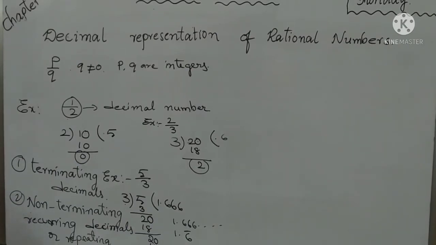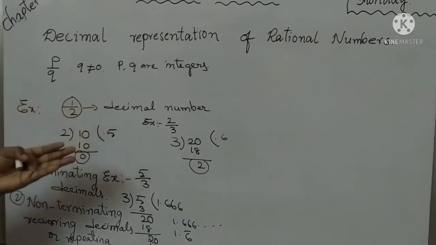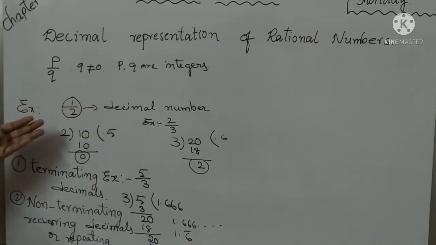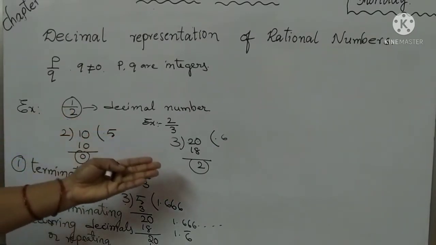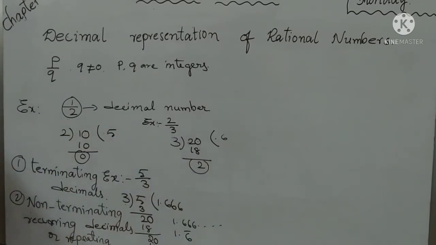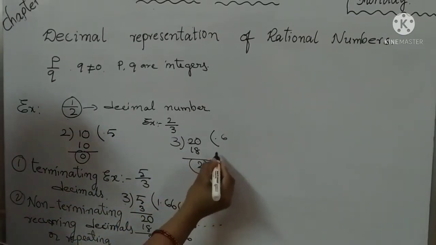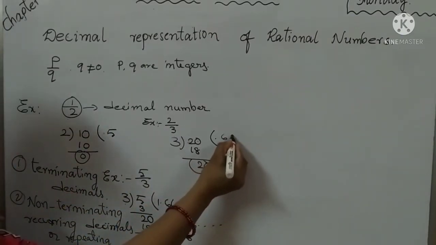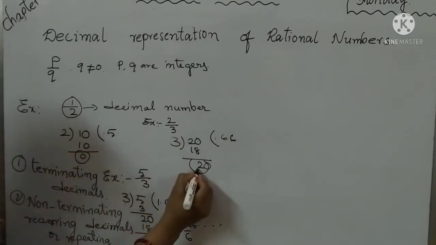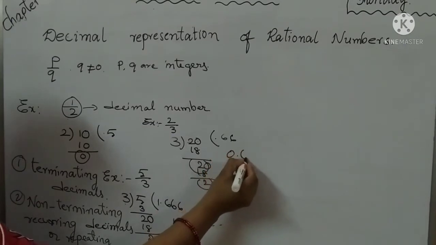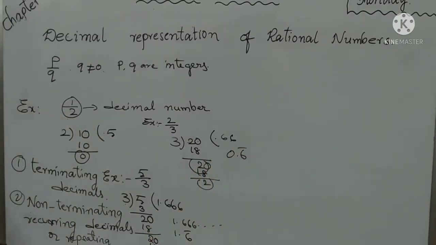Understand here? Observe that here 1 by 2 and 2 by 3 are the rational numbers for which we find the decimals. We find the decimal 0.5 and the remainder is 0. In the other, the remainder is 2, so we take the 0 and again 6 times is possible, 18, and we again get remainder 2. So here also we should write 0.6 bar. It is a non-terminating recurring or repeating decimal.